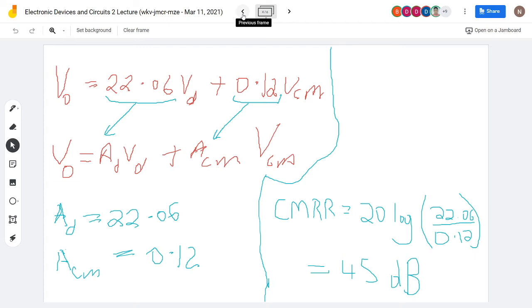The question says design an op-amp that will produce an output voltage which equals 4V1 minus 0.8 V2. That's the one you're talking about, right?